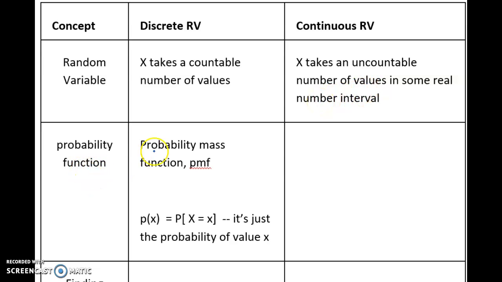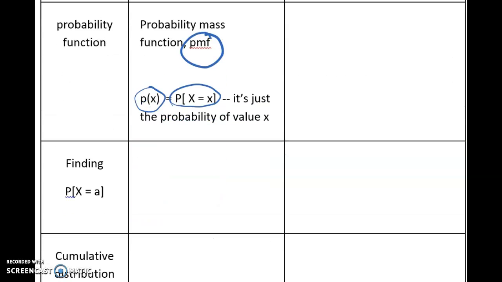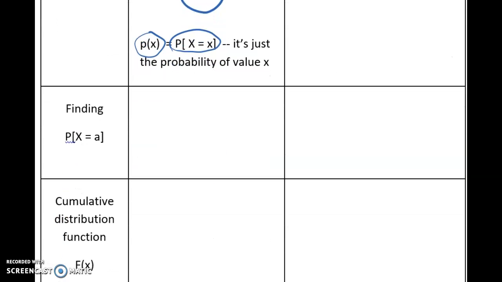But for the probability function, we just talked about the probability mass function for a discrete random variable. The PMF is what we call it. And it's this lower case p, and that's just the probability that x takes the value x. So we already know that. We're going to do the continuous part next time. So in other words, if we want to find the probability that x equals a specific value a, we would just do p of a, the probability mass function of a. So you can fill that out in your table.